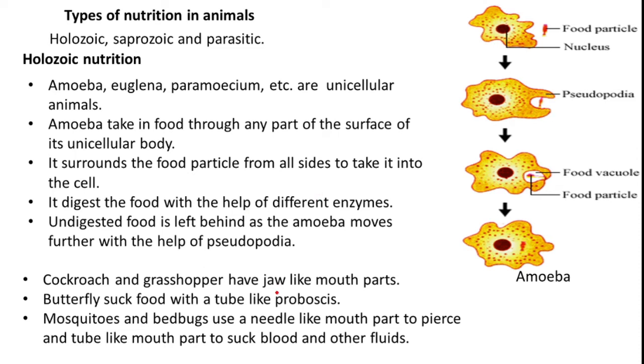Cockroach and grasshopper have jaw-like mouthparts. Butterflies suck food with a tube-like proboscis. Mosquitoes and bedbugs use needle-like mouthparts to pierce and tube-like mouthparts to suck blood and other fluids.